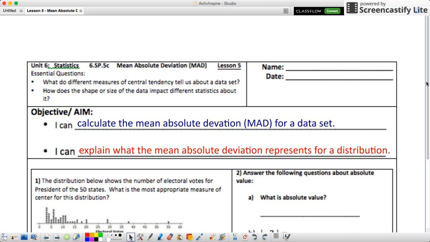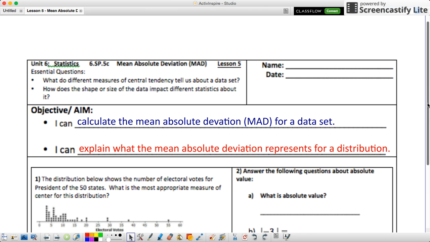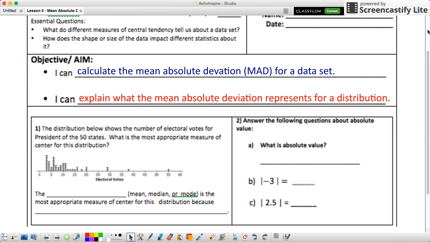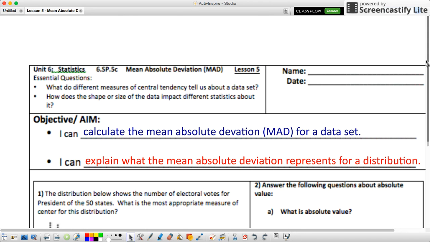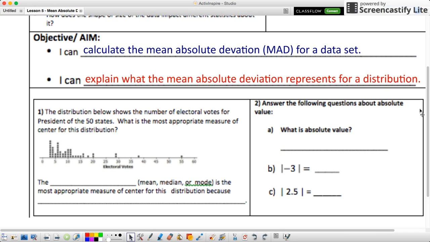All right, let's take a look at the first warm-up question. It says, the distribution below shows the number of electoral votes for the president of the 50 states. What is the most appropriate measure of center for this distribution?